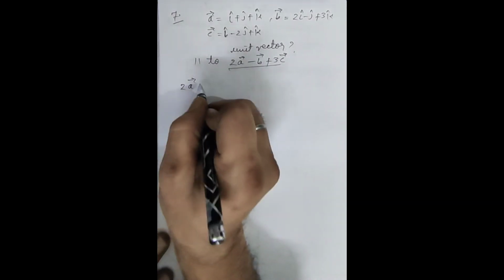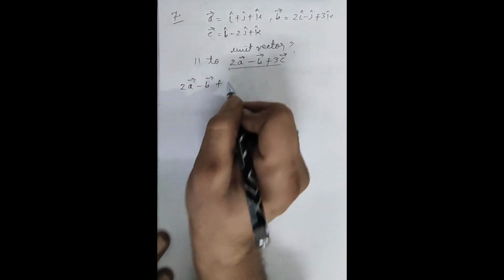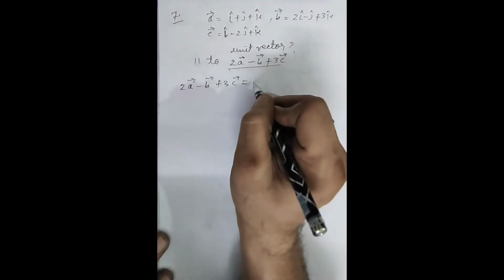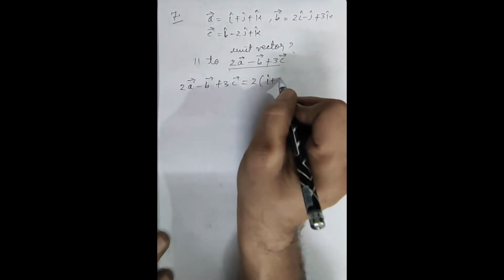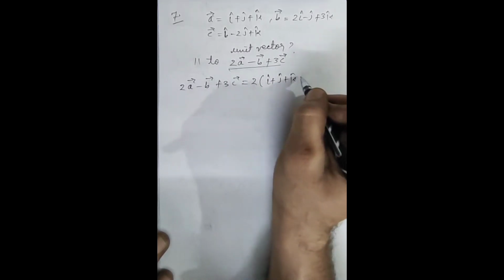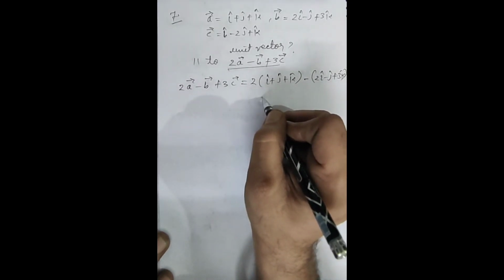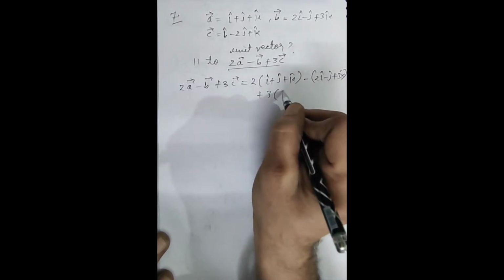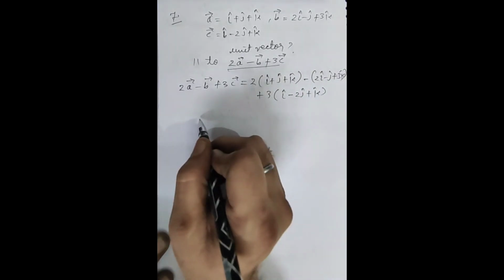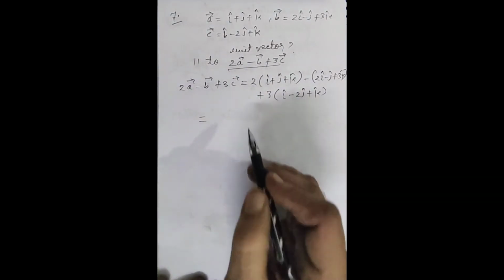That means first of all we need to obtain this value. 2a minus b plus 3c is equal to twice of i plus j plus k, minus 2i minus j plus 3k, plus thrice of i minus 2j plus k. We need to solve them.